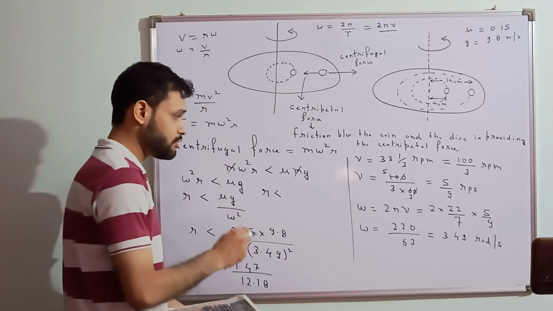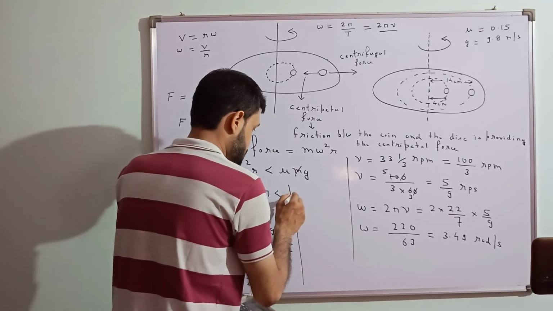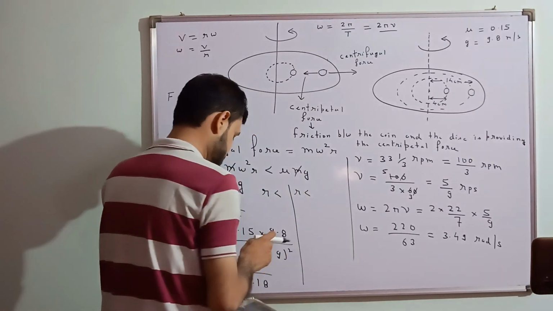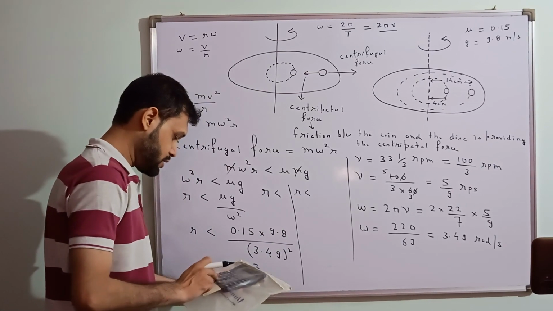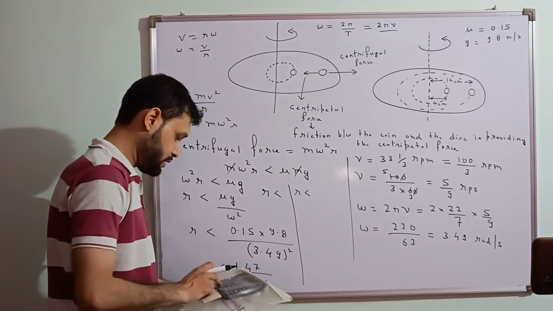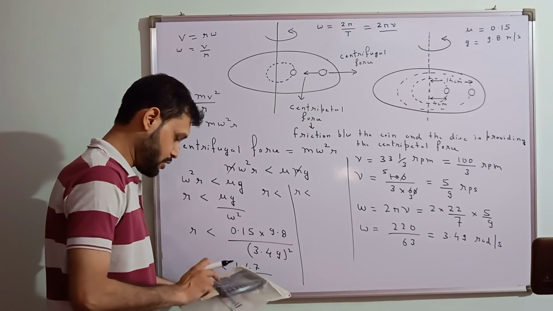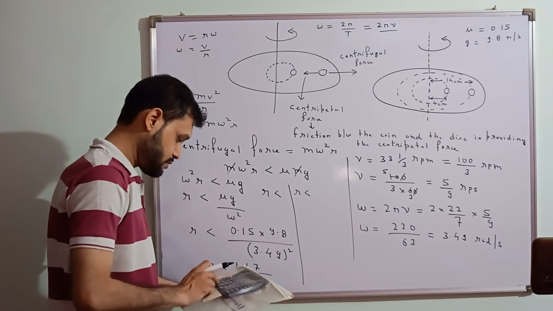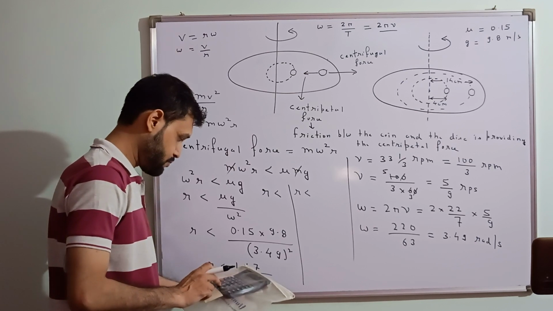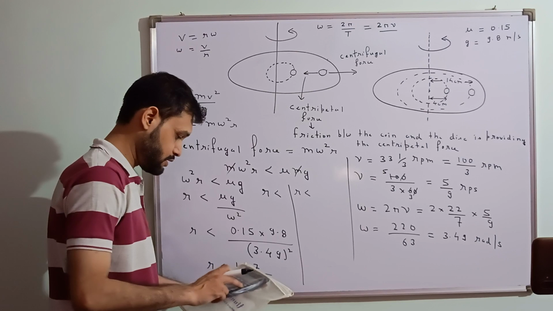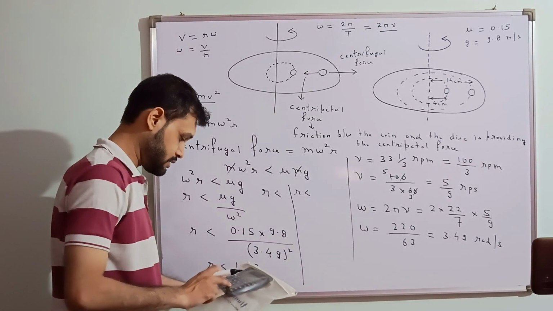No, sir. You divide it with this. If you solve it over here, R is coming out to be less than 1.47 divided by 12.18.